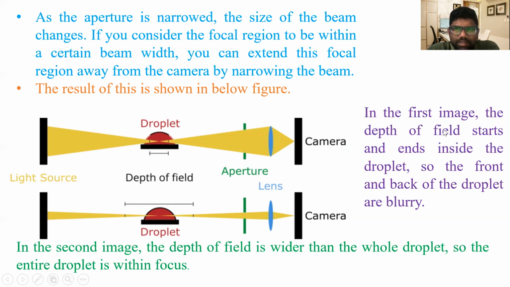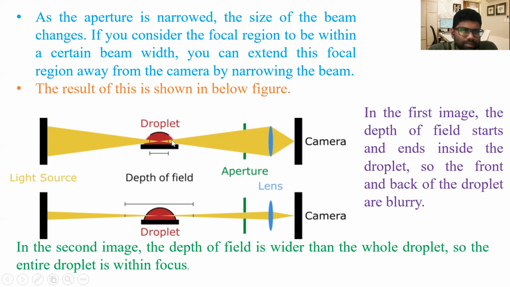In the first image, the depth of field starts and ends inside the droplet itself. So the front and back of the droplet are blurry.